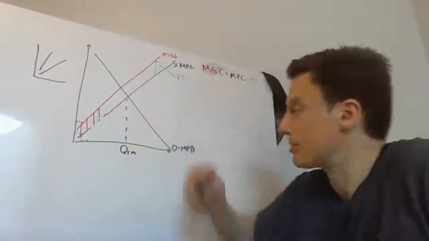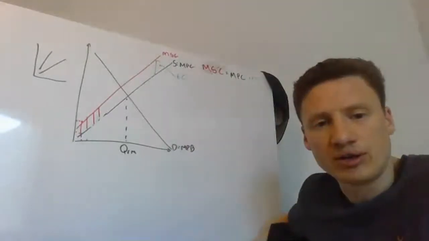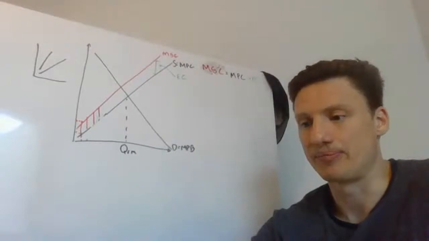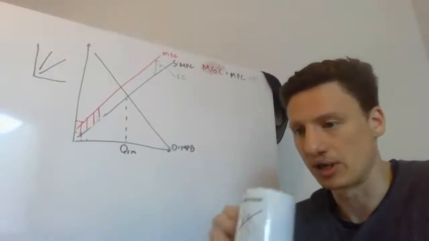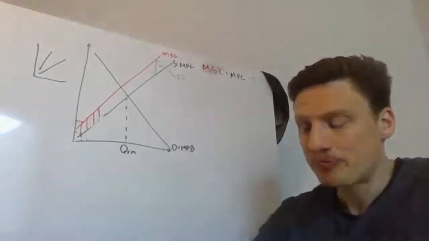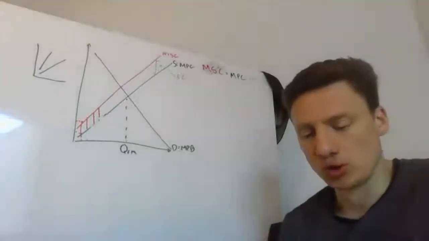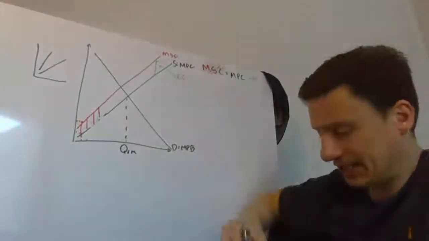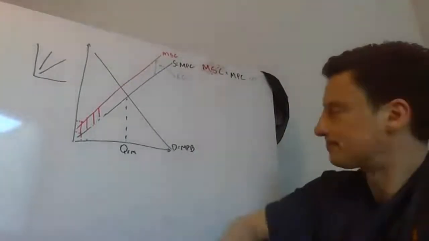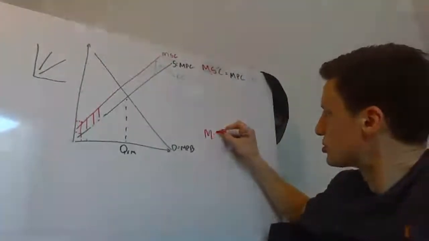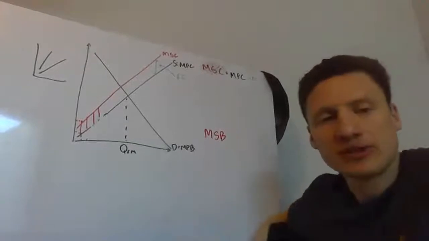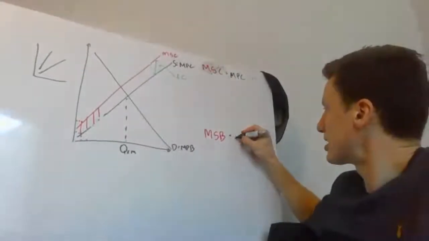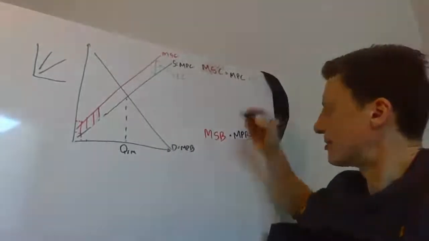We can do the same thing with the demand curve, but it's highly unlikely that you'll ever get a scenario in which there are positive and negative externalities in the same diagram. So to talk about social benefits, it's probably the same line, and I'll do exactly the same here, okay? Marginal social benefits, the benefits to the first, second, and third party, is just the same as the formula above.